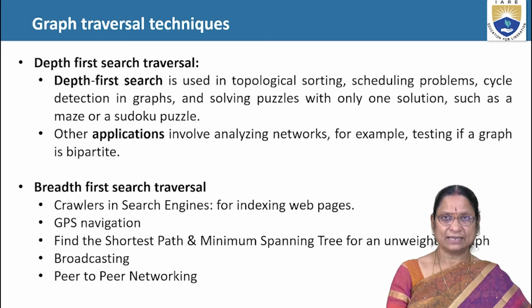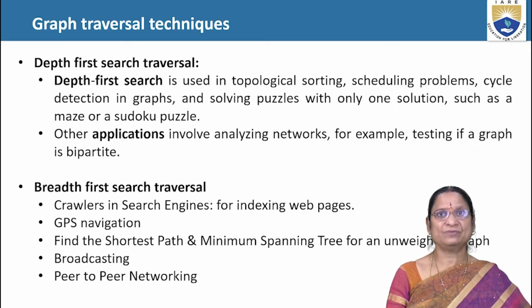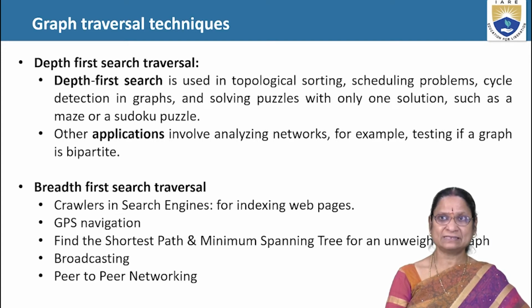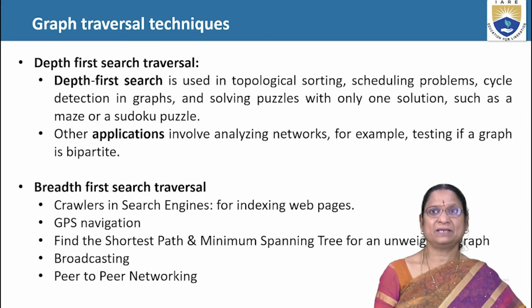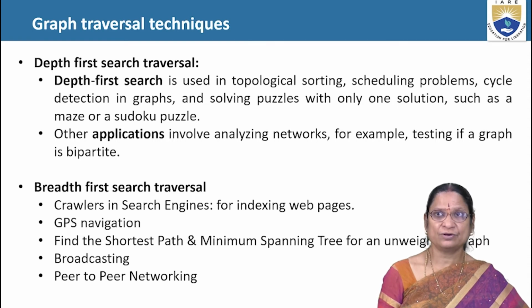There are two techniques: breadth first traversal and depth first traversal, or in other words, breadth first search traversal and depth first search traversal. The depth first search traversal is used in topological sorting, scheduling problems, cycle detection in graphs, solving various puzzles with only one solution such as a maze or a Sudoku, and many other applications involving networks.